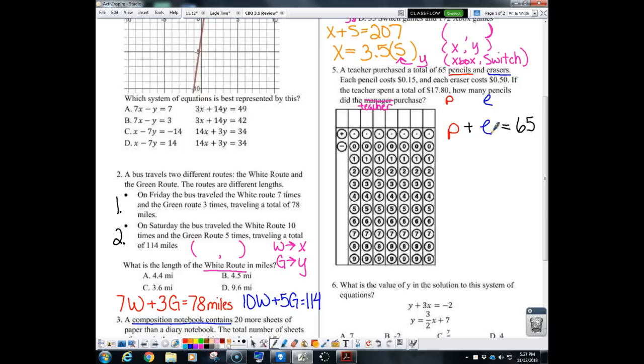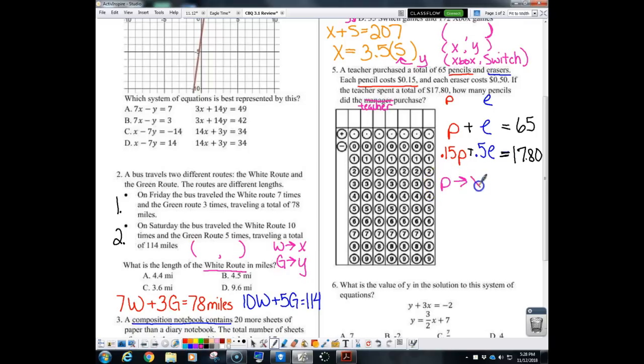And remember, when you're getting the total amount of money, you have to multiply by the costs or the value, right? So pencils cost 15 cents and erasers cost 50 cents, so 0.5 E. So now you have your system of equations, and again, you have to replace your variables.